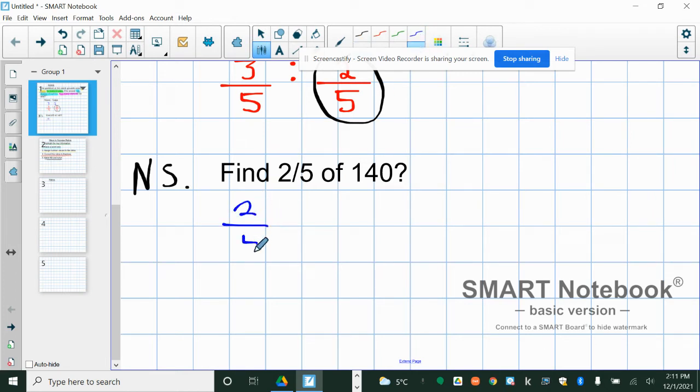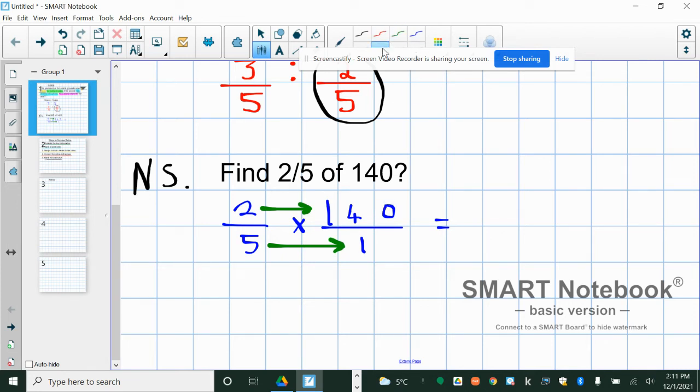2 over 5. Where we see of, we change to multiply. Where we see the number 140, we will represent that as a fraction over 1, like so. Again, when we multiply fractions, we remember that we multiply the numerators with the numerators and the denominators with the denominators.